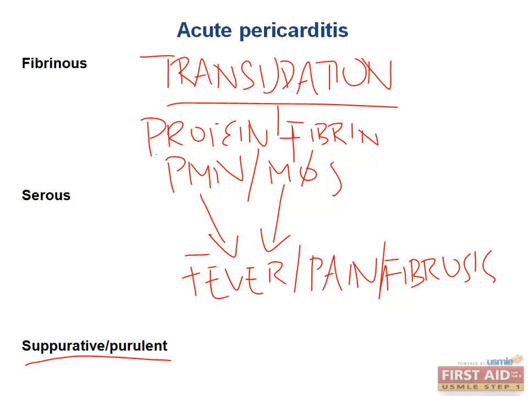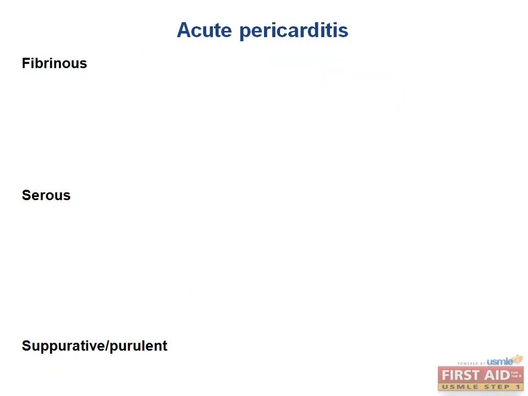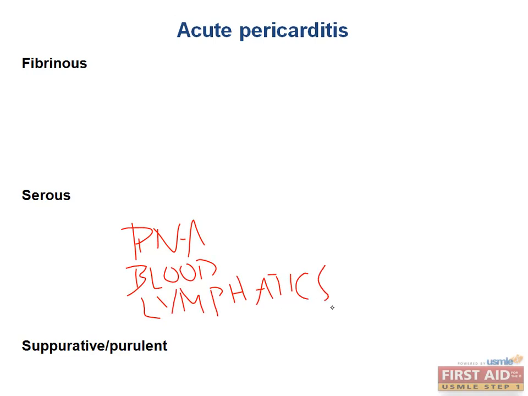Bacteria can access the pericardial cavity from a pneumonia, so a direct extension, right? So pneumonia. How else can bacteria get into the pericardial cavity? Hematogenous spread, so via the blood, via the lymphatics, or a direct extension via an operation, so an OR.